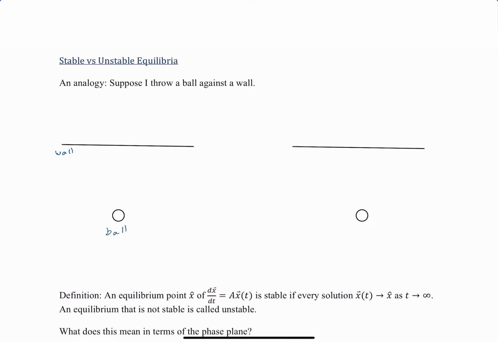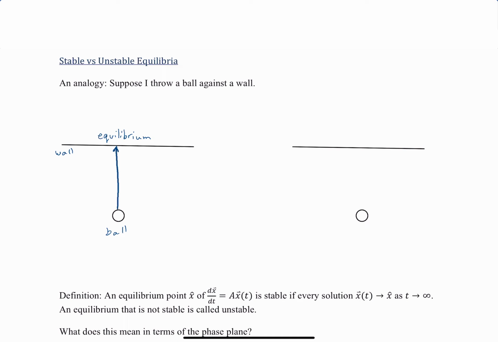And I throw the ball against the wall. Now, what's going to happen when the ball hits the wall? Is it going to continue to move forward? No, the wall will stop it. So there will be at least one point in time there where the ball is not moving, and so that is in equilibrium, or an equilibrium point.